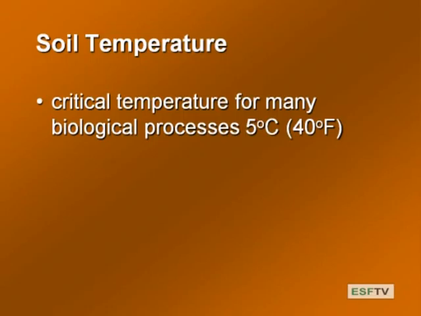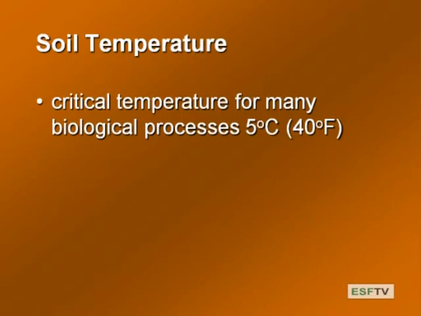And this temperature for most processes is 5 degrees C, 40 degrees Fahrenheit. Biological activity doesn't cease below 5. There's stuff going on at 0. There's stuff going on for some organisms at minus 5, minus 10. But for the most part, the bulk of biological activity is really reduced and doesn't really get started until you hit that 5 degrees C or 40 degrees Fahrenheit.